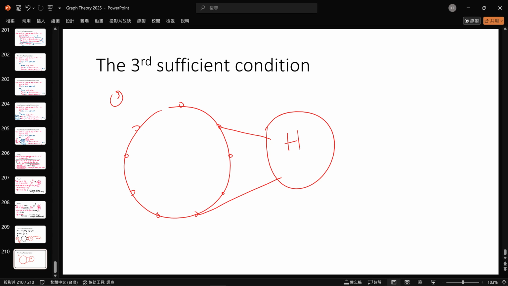And this larger cycle should contain all the vertices on the cycle and some vertex in the component H. So clearly you have to add at least one more edge, because if you do not add any more edges, you cannot contain all the vertices on the cycle and some vertex in H. So the question is, which edge should you add so that you can have a cycle that contains the original cycle and some vertex in the component H?